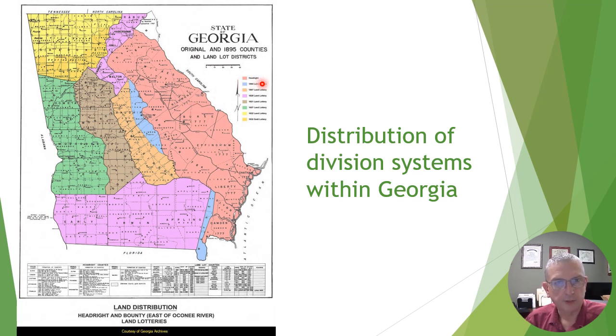And then over here we have each of the land lotteries of Georgia, which there are technically 7, but there were 8 lotteries. One was a sort of a cleanup and get rid of the leftovers. You'll notice this area up here was also ceded, which means given or relinquished, to South Carolina when they couldn't decide which river or which fork of the Savannah River the state line was supposed to have followed.